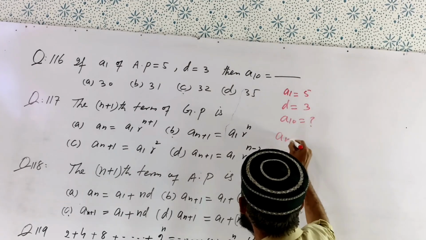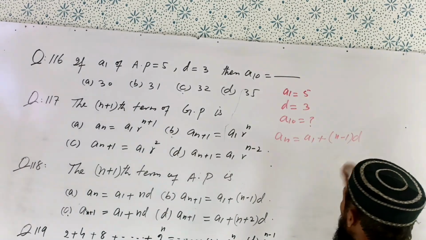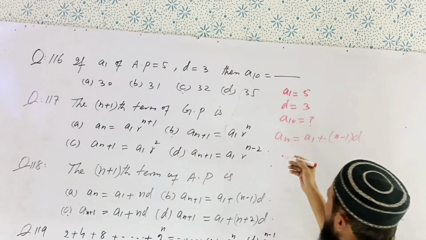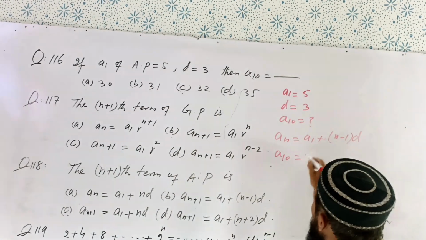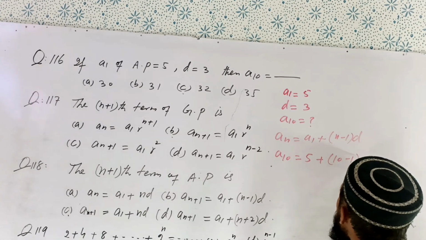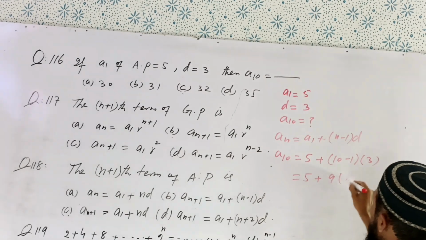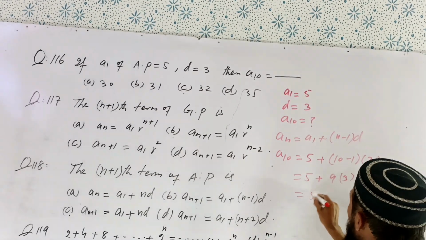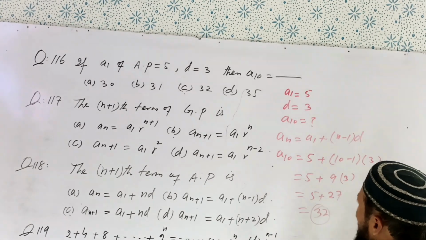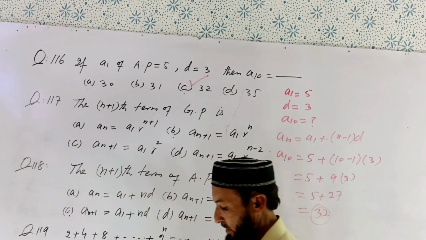According to the formula, a1 plus (n minus 1) d, where the 10th term is required, in place of n we put n equal to 10. The first value is 5, and 10 minus 1, and d is equal to 3. So 5 plus 9 multiplied by 3, 5 plus 27, we get 32. We check here, option C is the correct answer.